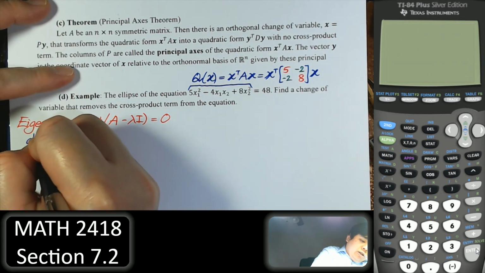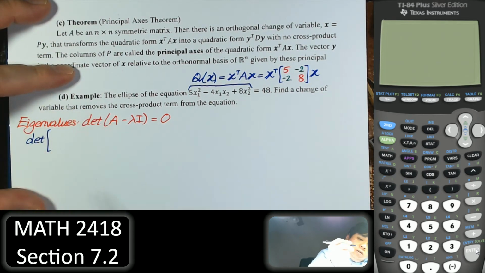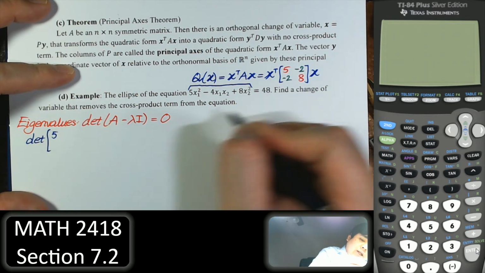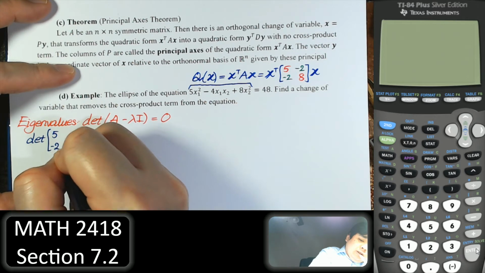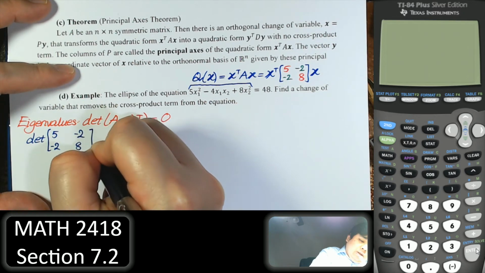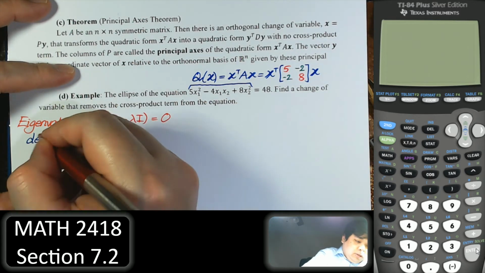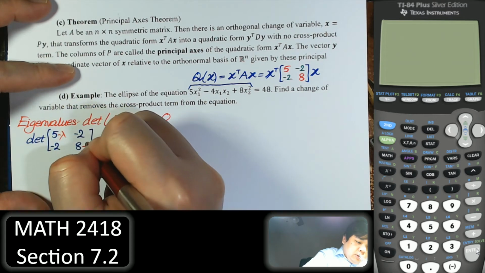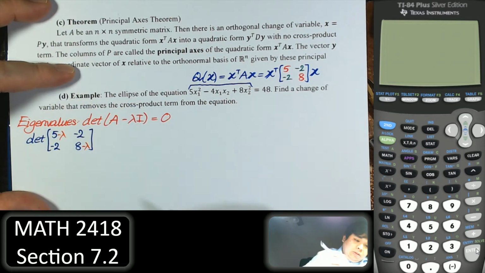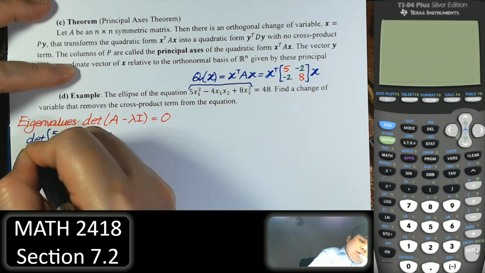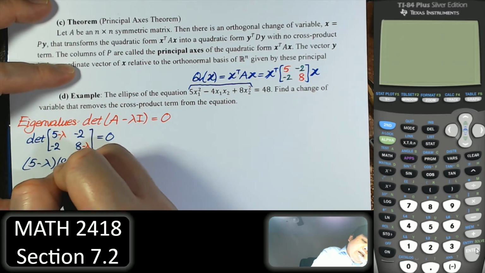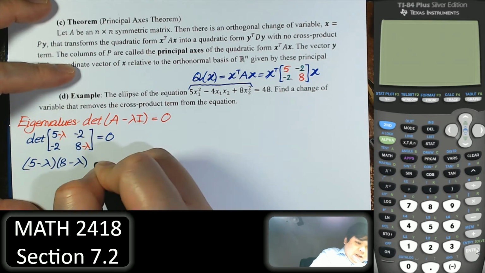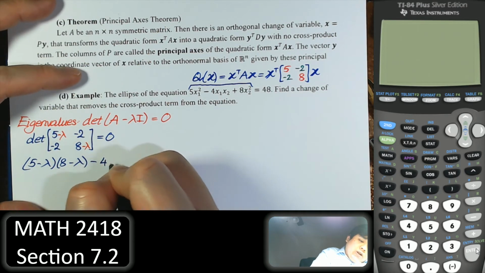So determinant, this is 8. So that gives us (5 minus lambda)(8 minus lambda) minus 4 equal to 0.